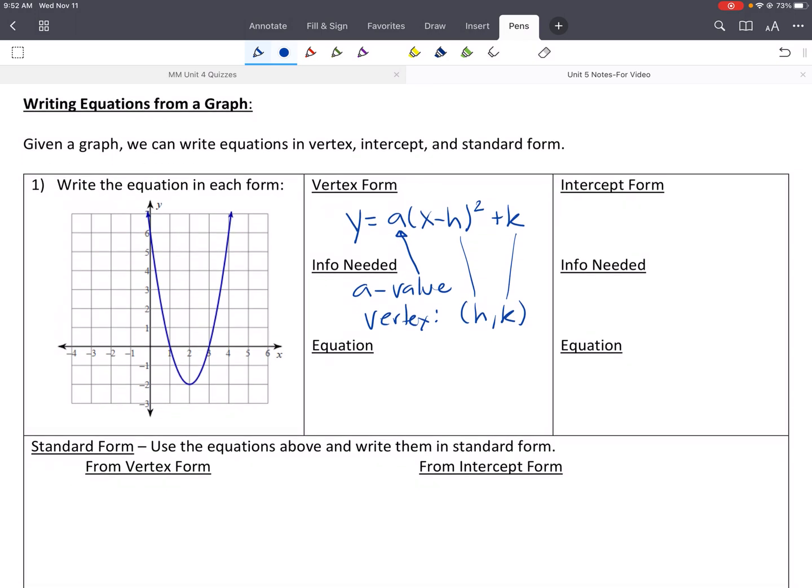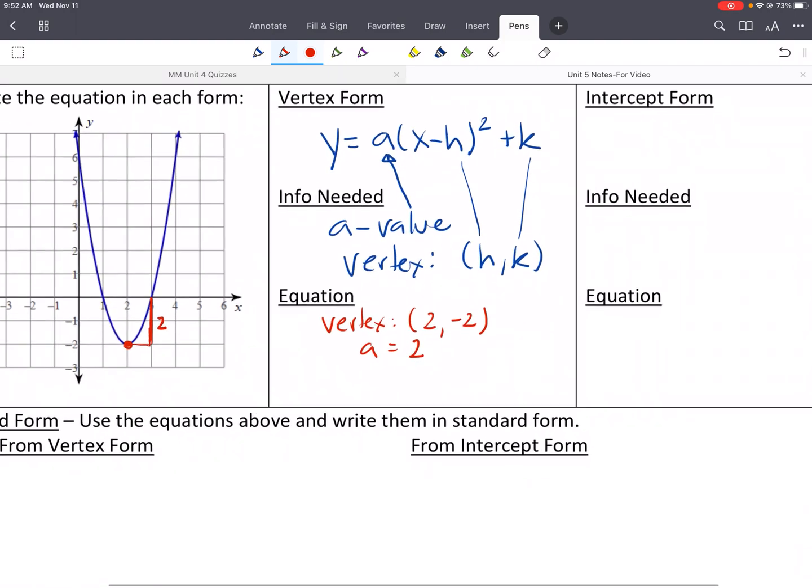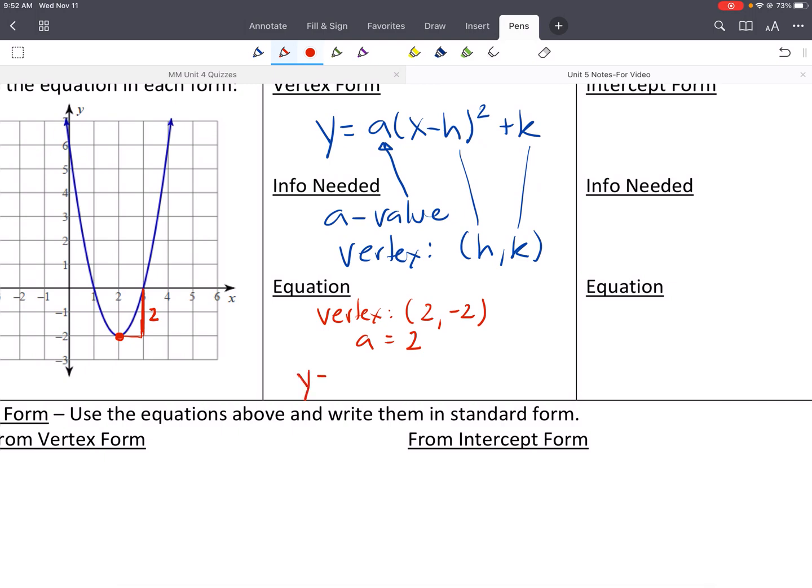All right, so looking at this example, our vertex right here is 2, negative 2. And for the a value, we'll go over 1 and go up until it hits. Because we go over 1, up 1a, here a must be 2. So a is 2. And we'll just plug that into our equation. So y is equal to 2 times x minus h.